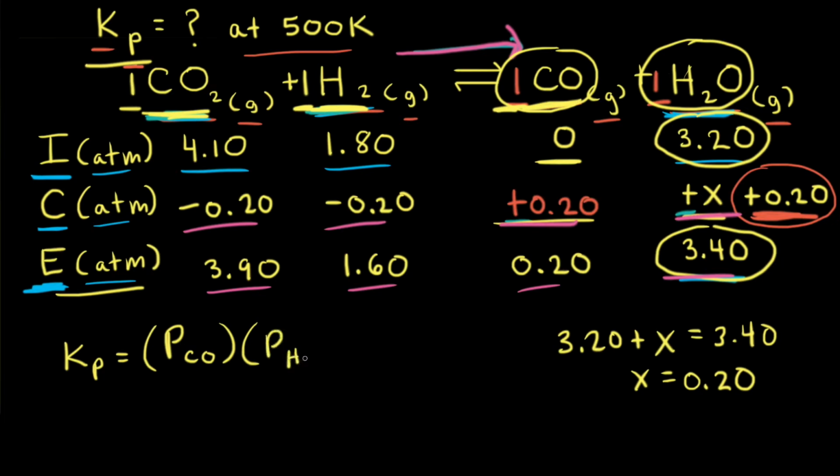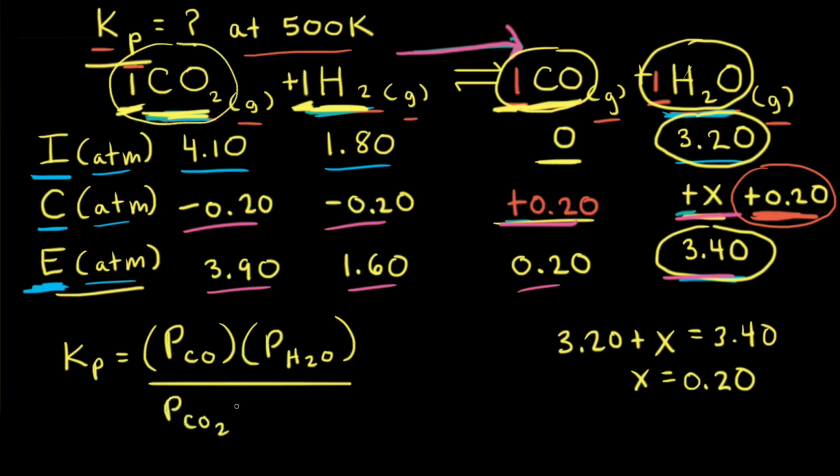Once again, the coefficient is a 1, so that's raised to the first power. All of this is divided by our reactants, which both have coefficients of 1 in the balanced equation. So it would be the partial pressure of carbon dioxide times the partial pressure of hydrogen gas.